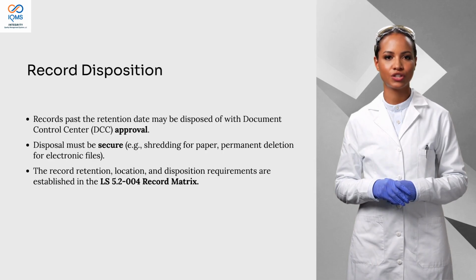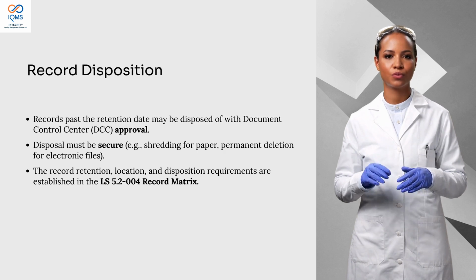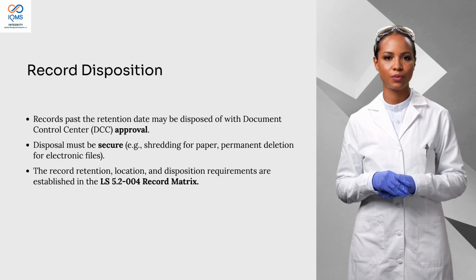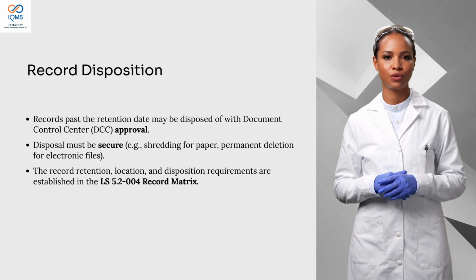Records past the retention date may be disposed of with Document Control Center (DCC) approval. Disposal must be secure, for example, shredding for paper, permanent deletion for electronic files. The record retention, location, and disposition requirements are established in the LS 5.2-004 record matrix.